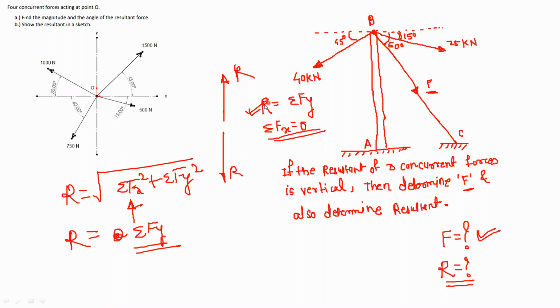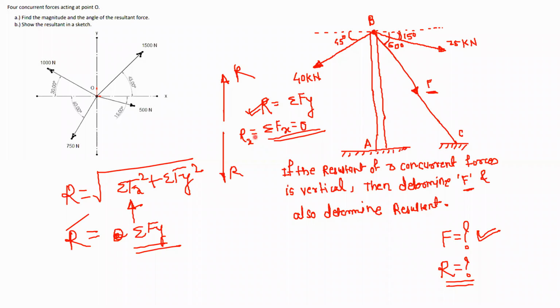One is the resultant equal to the summation Fy. As the information given about the resultant is that the resultant is vertical, the meaning of resultant is vertical is that there is no component of resultant in the x direction. So the component of resultant in the x direction, that is Rx, is nothing but the summation Fx.